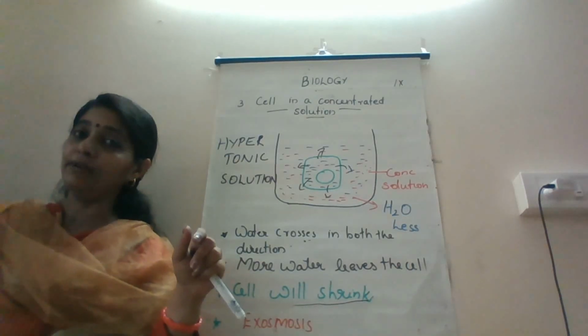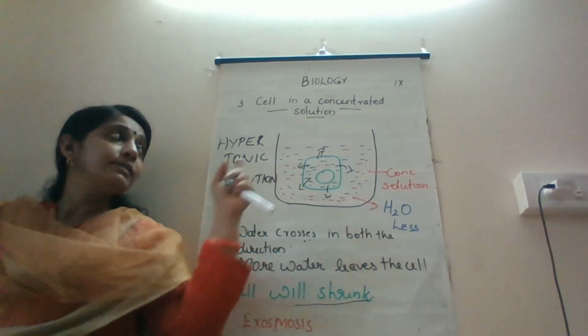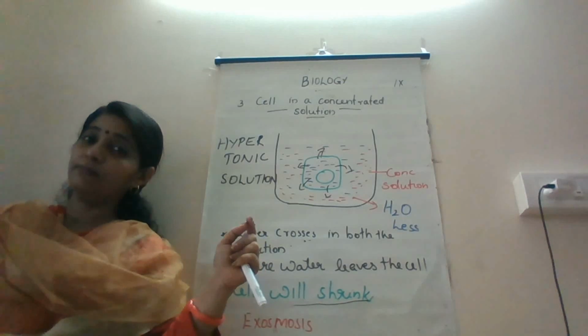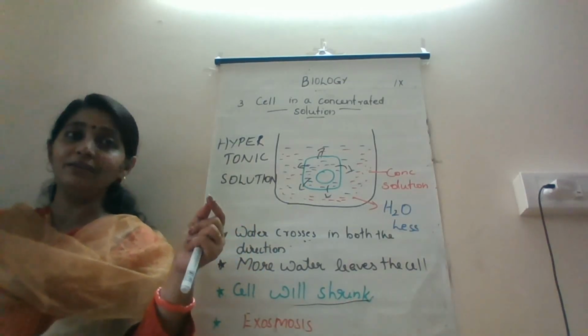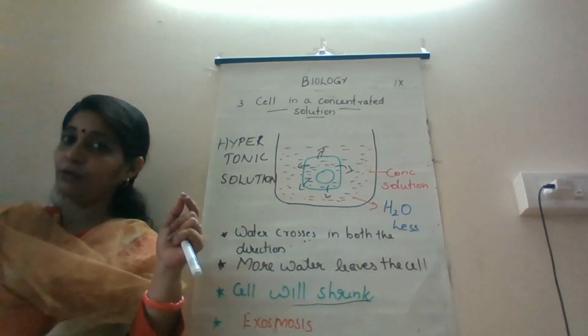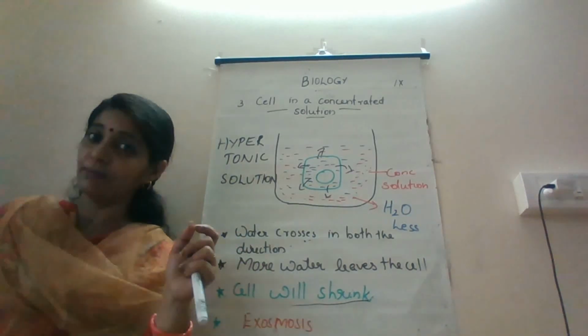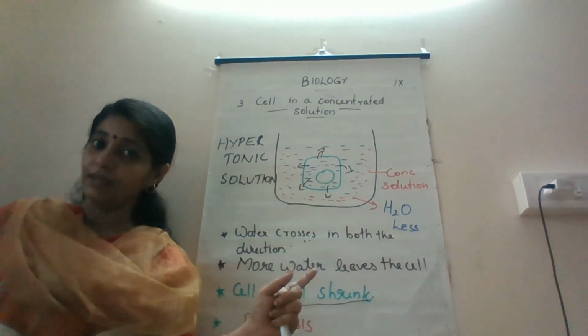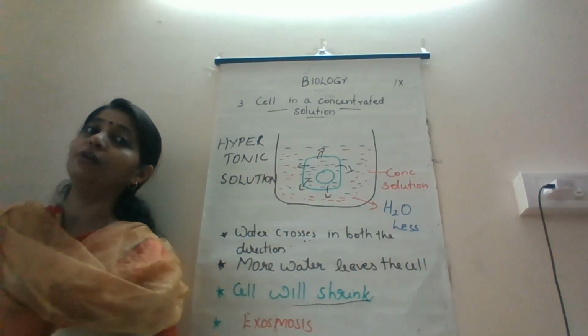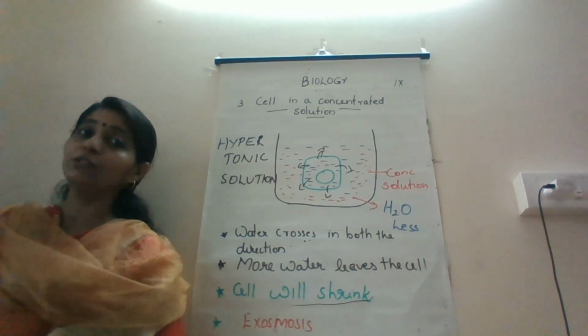Endosmosis is happening there. Now an example for a hypertonic solution: think about pickle, like tender mango pickle. If we put tender mangoes in a salt solution, what happens to the tender mango? It shrinks, right? That's an example for a hypertonic solution. Hypertonic means concentrated solution.